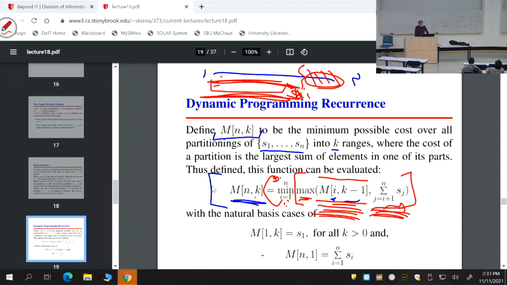Any questions? How many people sort of see this? Again, what are the base cases? What are the base cases where I know this? What is the cost if I have one book? One book, and I have k workers.